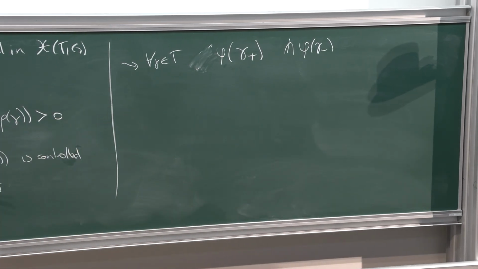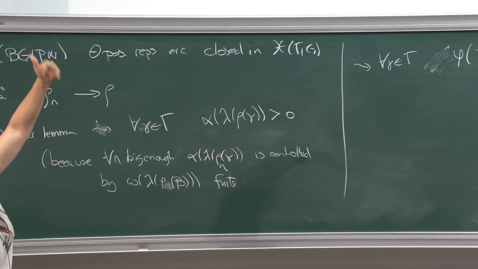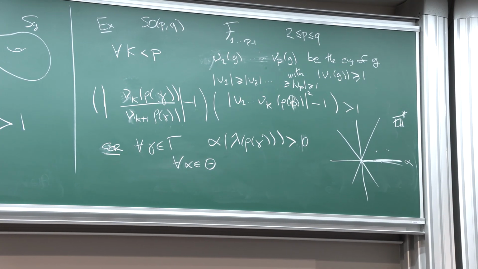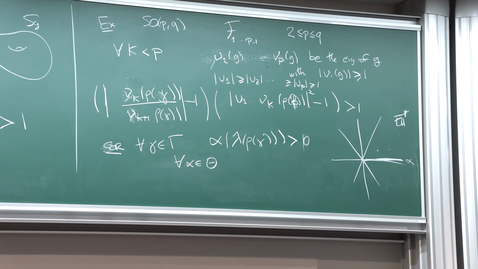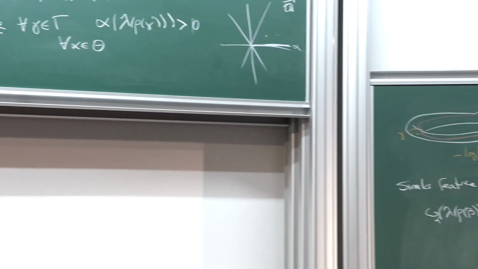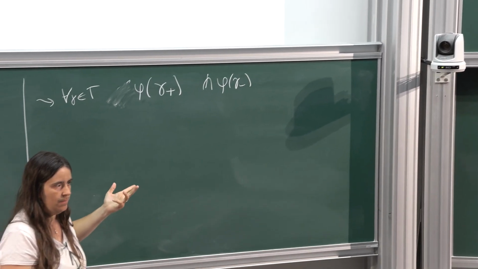Having this eigenvalue gap, knowing that nu k is strictly bigger than nu k plus 1, tells me that I have a generalized eigenspace for the first k. And this is what the value of the boundary map is going to be. And phi of the inverse is going to be the bottom ones, which is going to be transverse by construction.